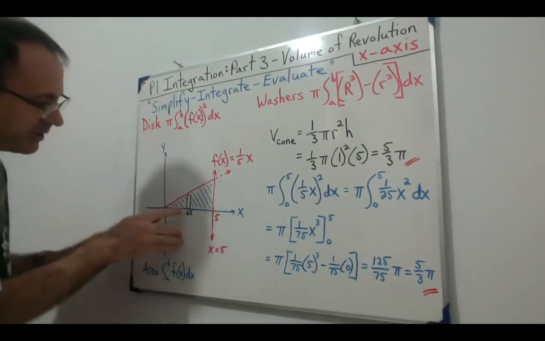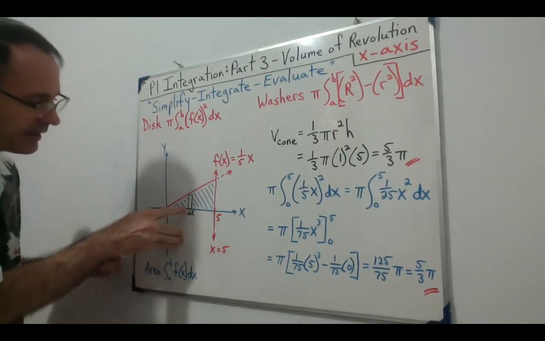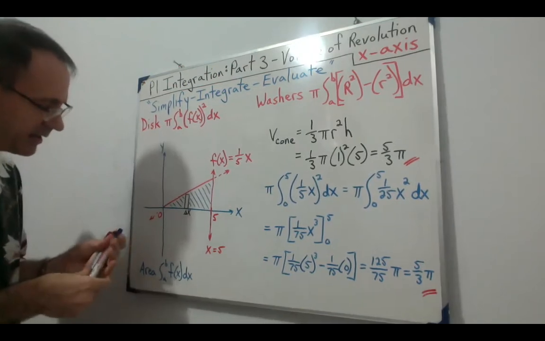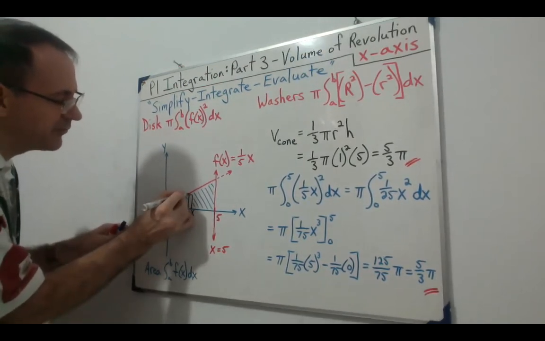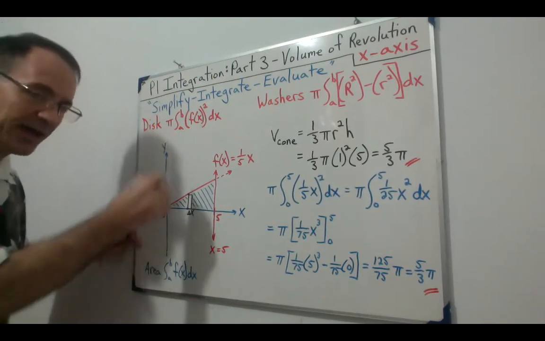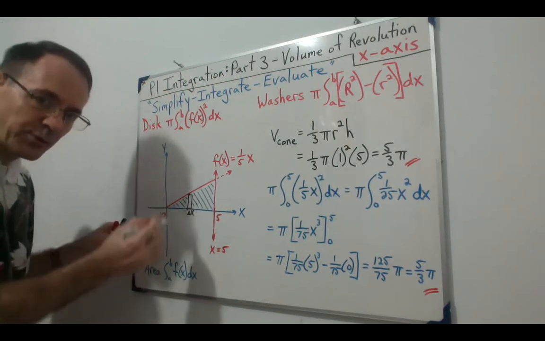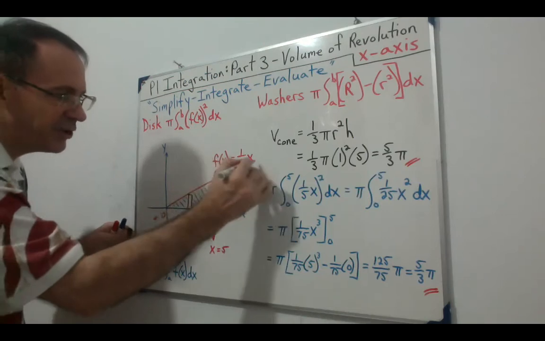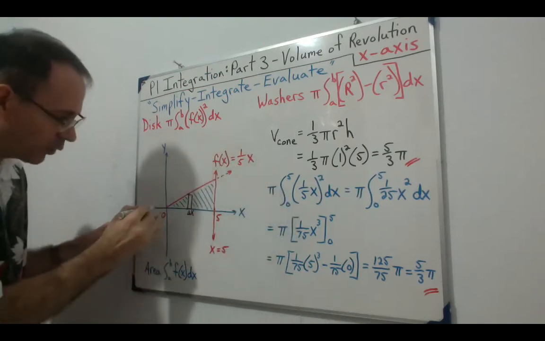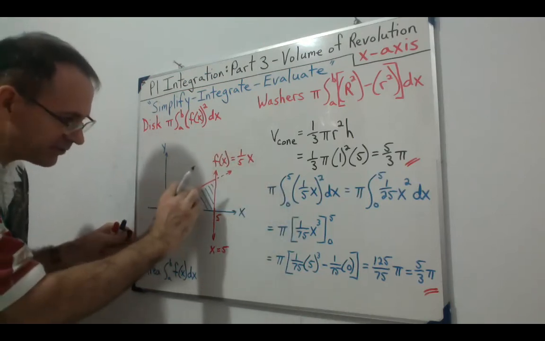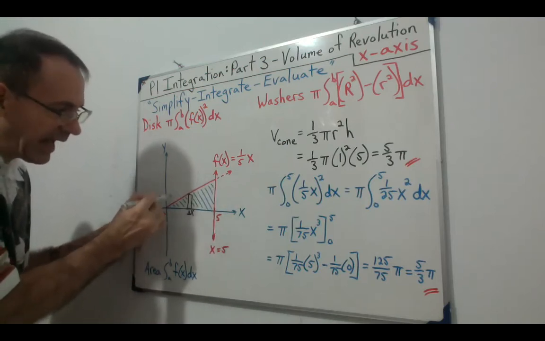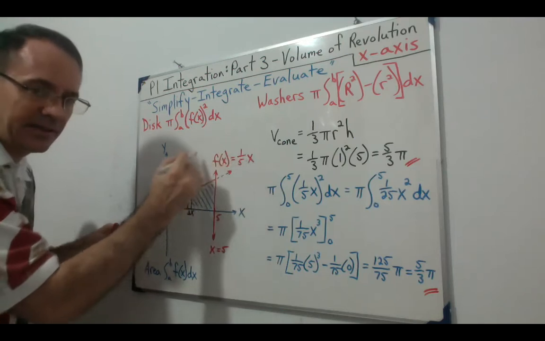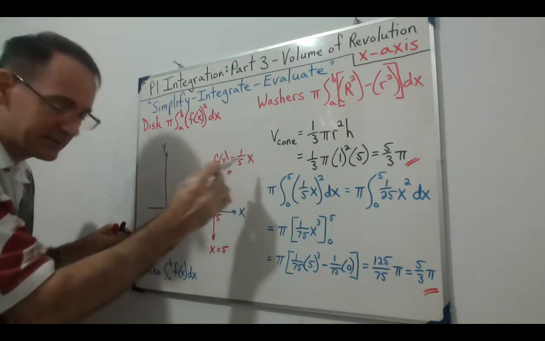And the height of it, you can see, goes from the x-axis all the way to the function itself. So the height of this rectangle is determined by f of x. Wherever this rectangle's at in this area, the height of it is f of x.